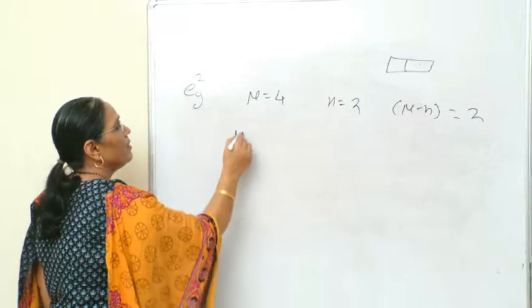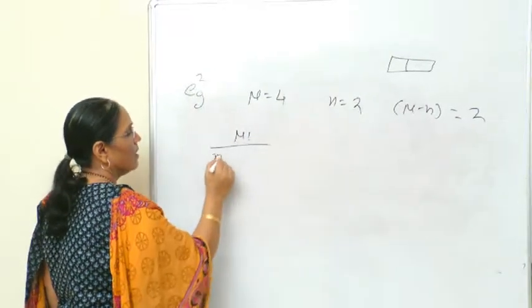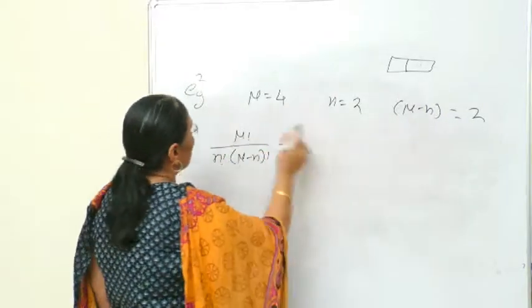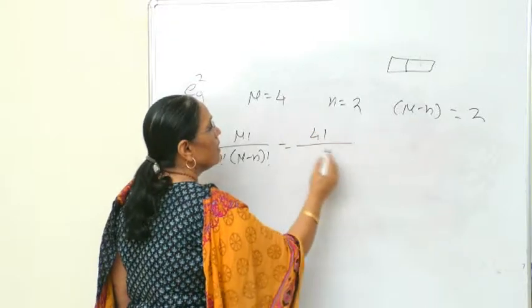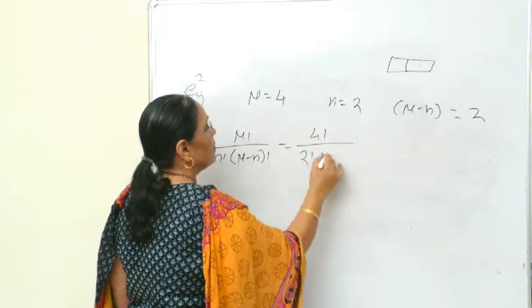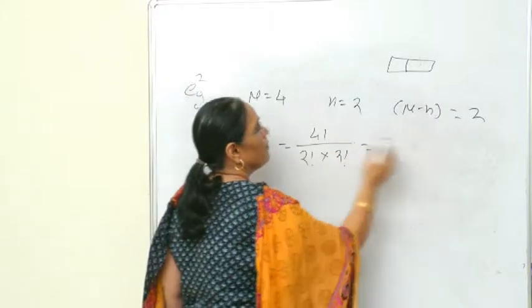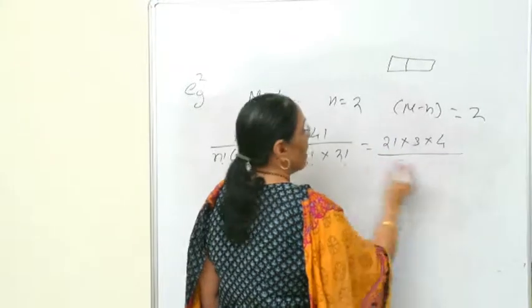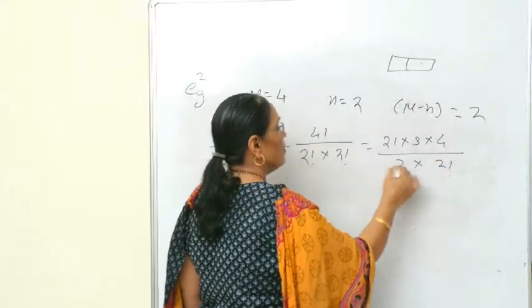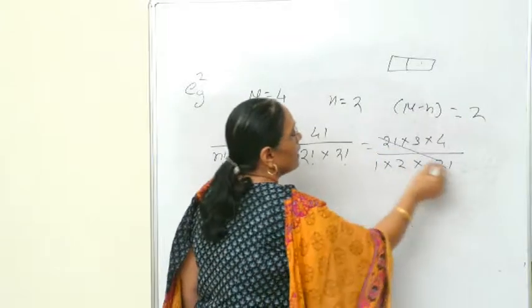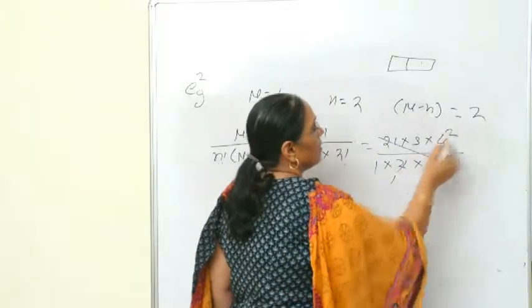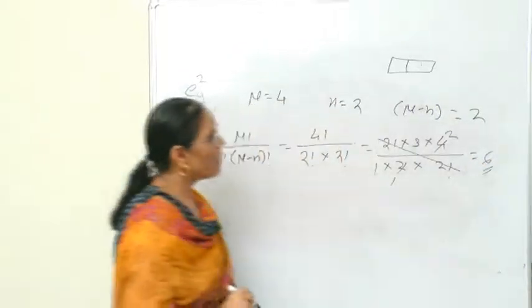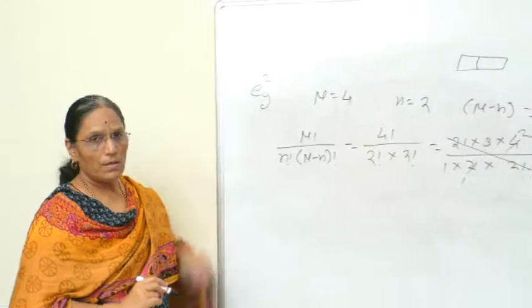So N factorial by n factorial into N minus n factorial will be 4 factorial by 2 factorial into 2 factorial, equal to 4 into 3 into 2 factorial by 2 factorial into 2 into 2. 2 factorial gets cancelled, 2 fours are 8 by 4 is 6. Therefore, a total of 6 microstates are possible for the eg2 configuration.